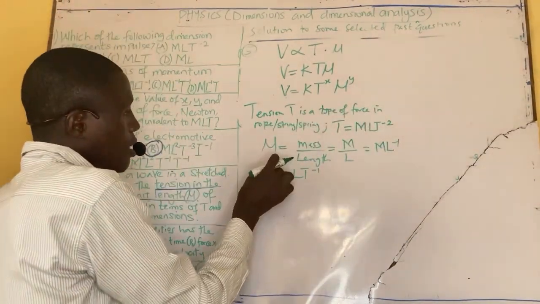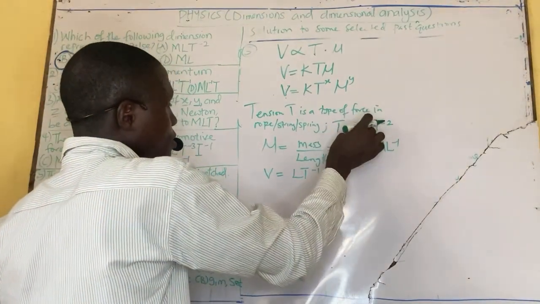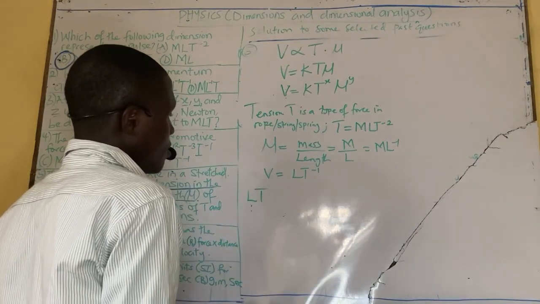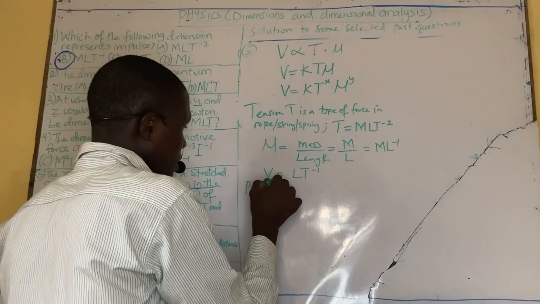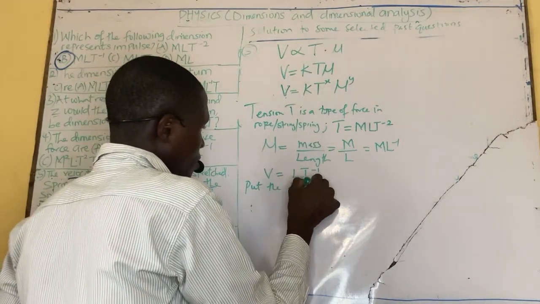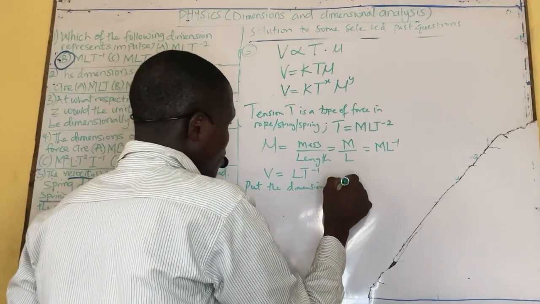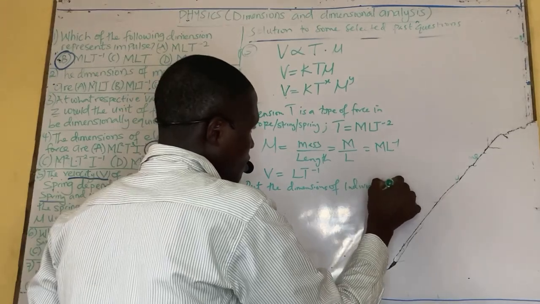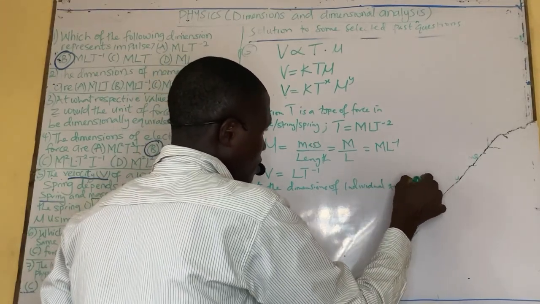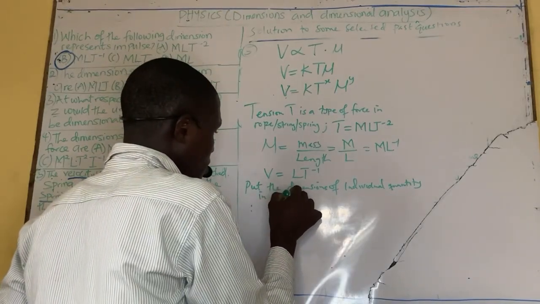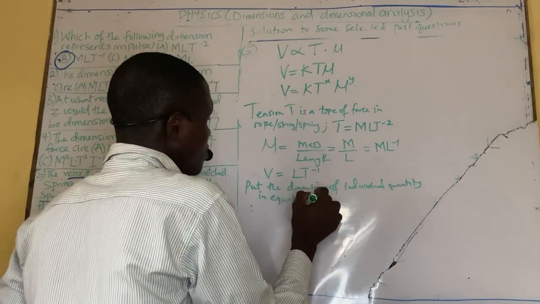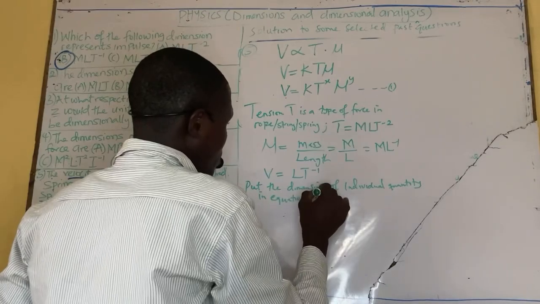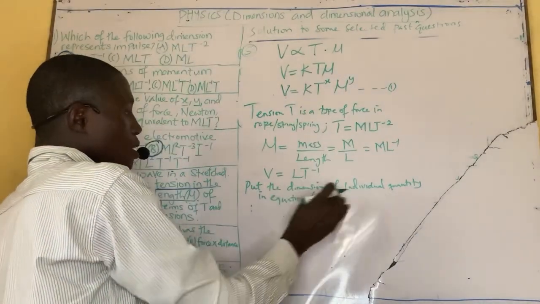Putting the dimensions of each quantity inside this equation, let's call this equation 1. So put the dimensions of individual quantity in equation 1.